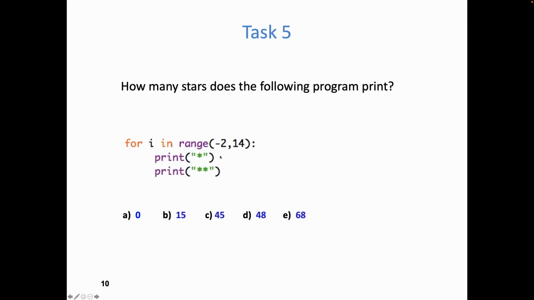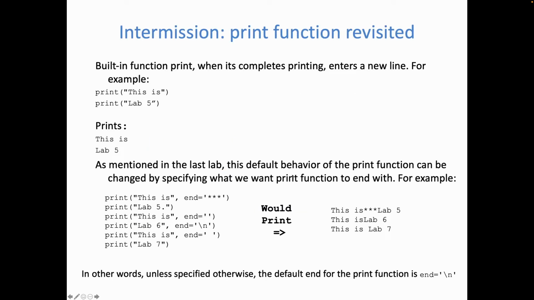So those lines will be executed 16 times because there are 16 values for I. Each time it will print 3 stars. So 16 times 3 is 48. So there will be 48 stars.